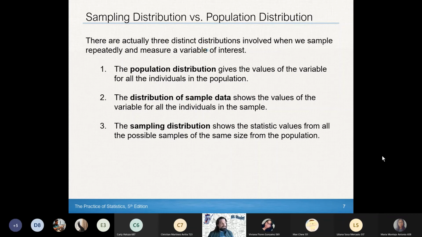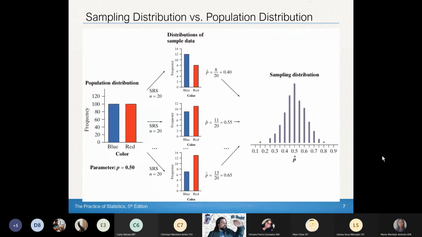All right, here's a visual. So we get the population distribution. This set of distributions is based on an activity where there are blue and red chips, like poker chips. There's an even amount of these chips in the population.